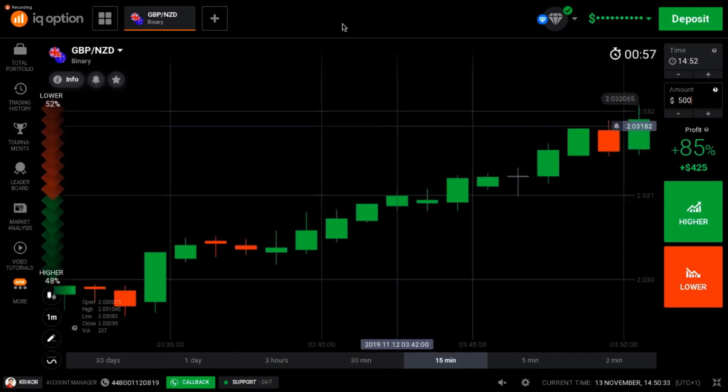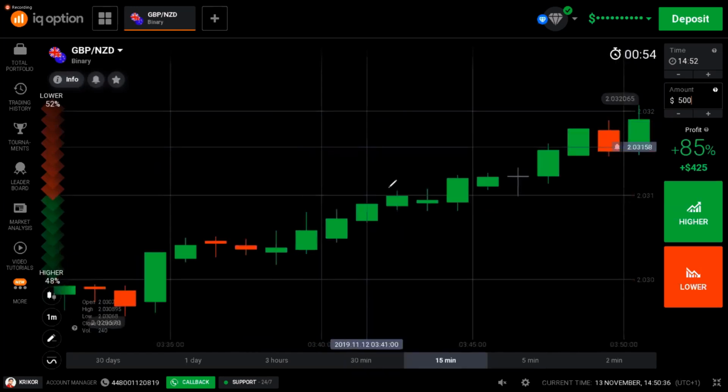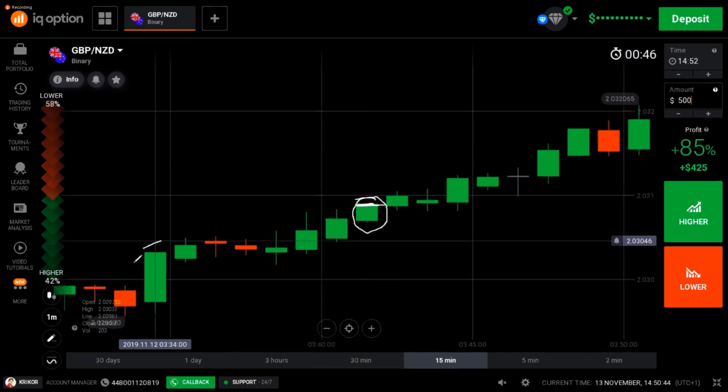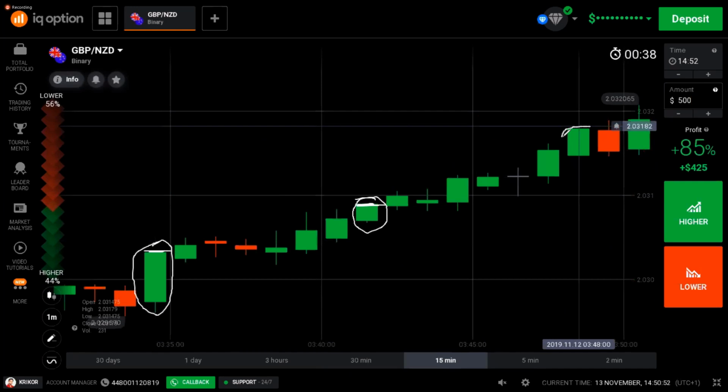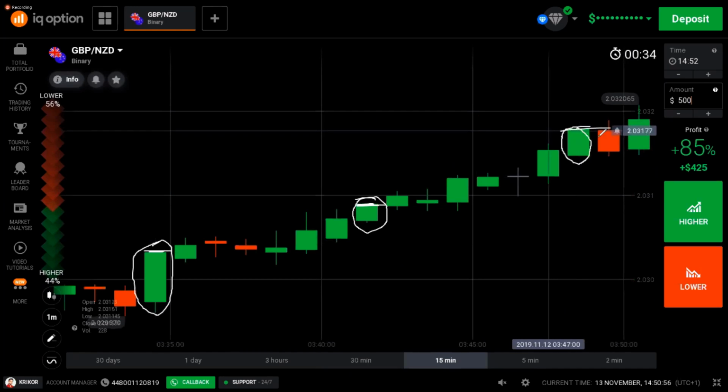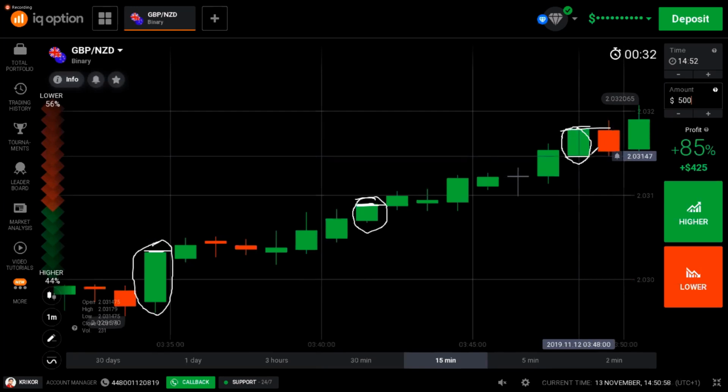Now, this is a momentum candle. This is a momentum candle. No rejection at the close of the candle. This is a momentum candle. No rejection at the close of the candle. This is a Marubozu candle. Marubozu: no rejection at the top, no rejection under.